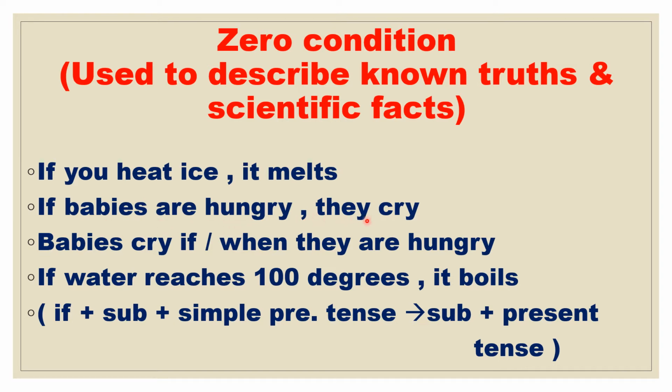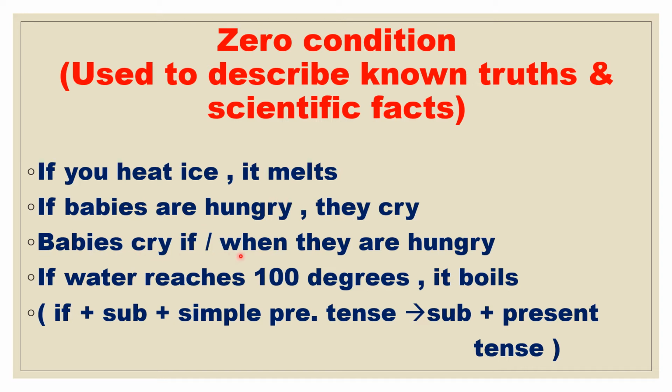In the main clause we have subject and present tense. This is the structure of zero conditional. Here also, if you heat ice, it melts. See the structure: if plus subject plus simple present tense. In the main clause, subject plus present tense.